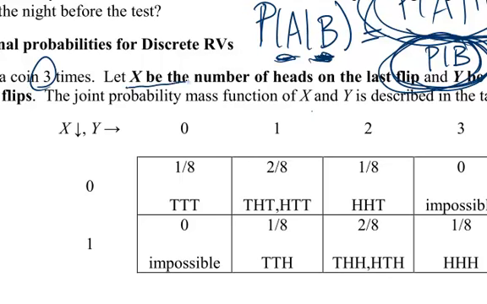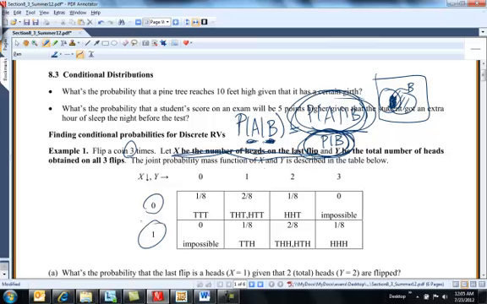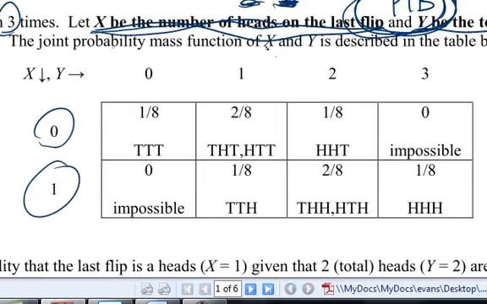X is the number of heads on the last flip, and you can only have 0 or 1 head on the last flip, either it's a head or it's not. And Y is the total number of heads on all 3 flips. So this is my Y, and this is my X. And here's the joint probability mass function. 0, 0 occurs 1/8 of the time.